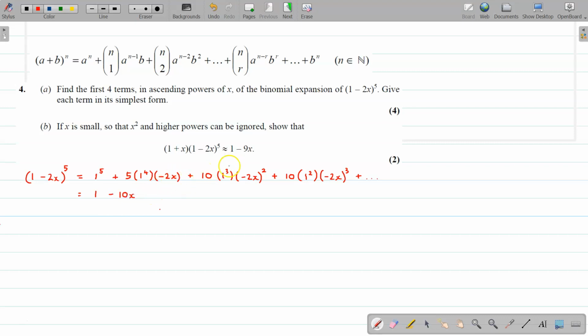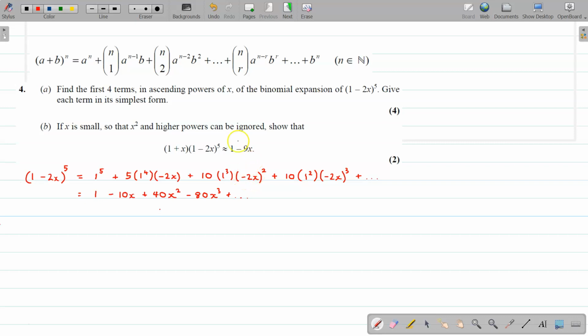The third term would be a plus term because negative 2 squared is 4. 10 times 4 is 40, the 1 is there, so it's simply 40x^2. It's quite straightforward. And the final term, if you evaluate that, comes to negative 80x^3. So that answers the first part of the question, where you had to give the first 4 terms.